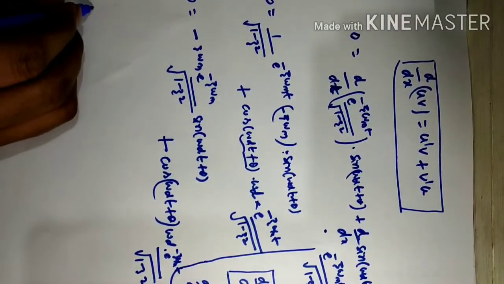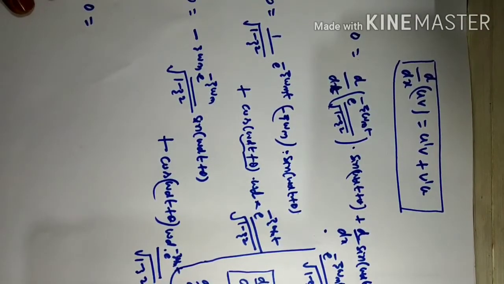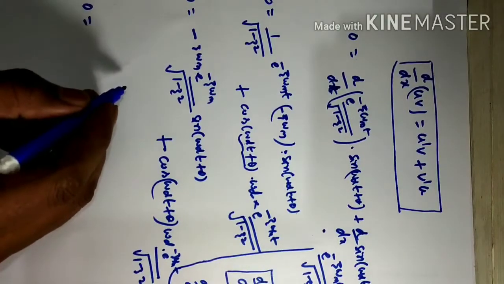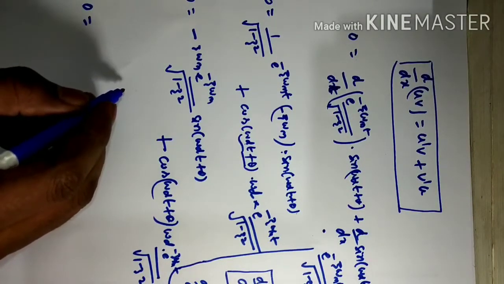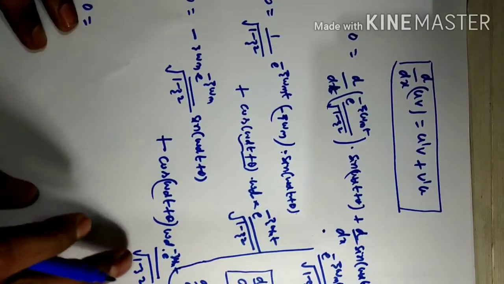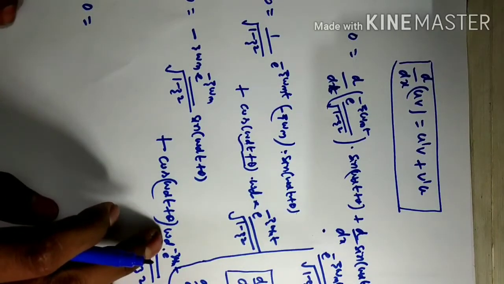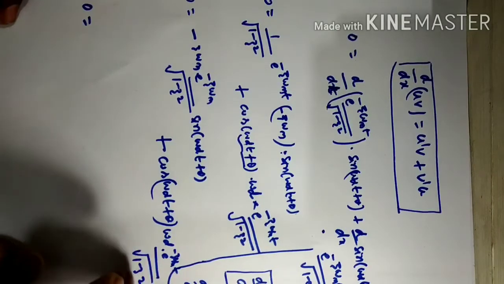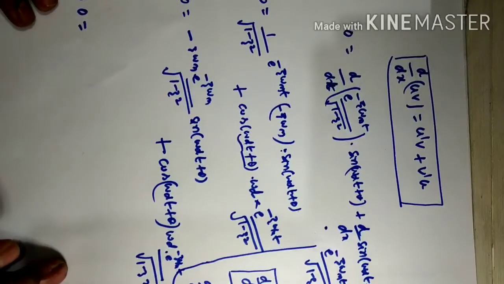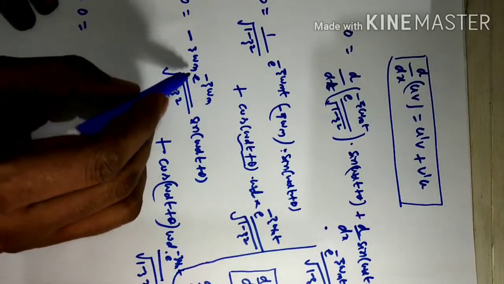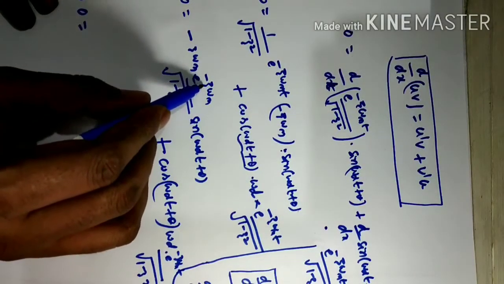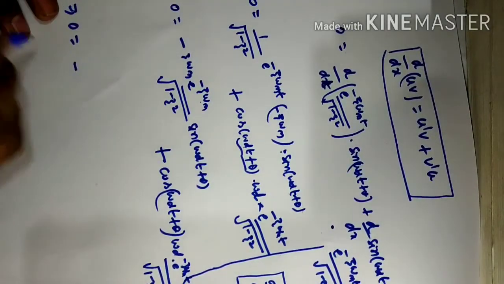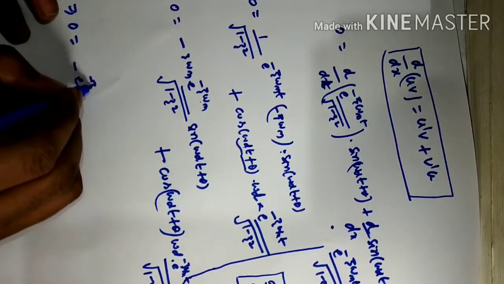So what do you do next? So next, omega_d is there, so you have to write omega_d is equal to omega n root of 1 minus zeta square, that you have to write here. And also I'm going to take e raised to minus zeta omega n t as a common factor.